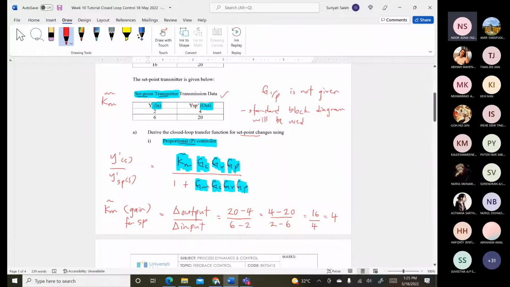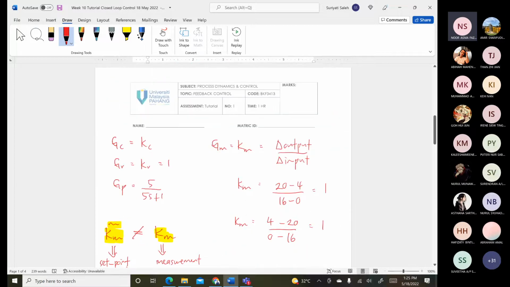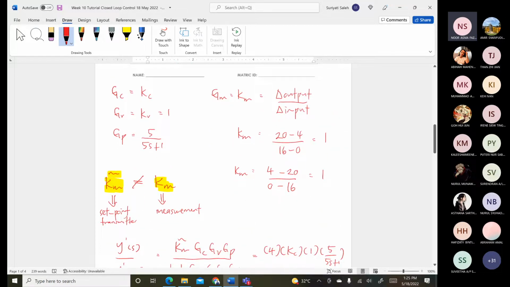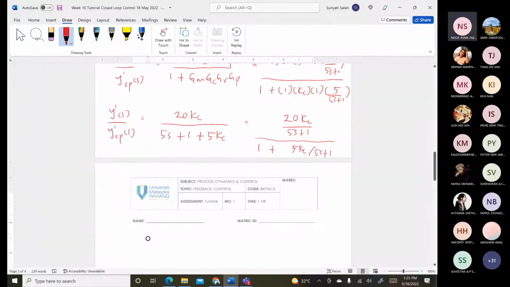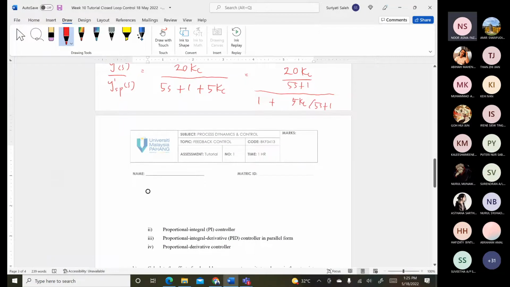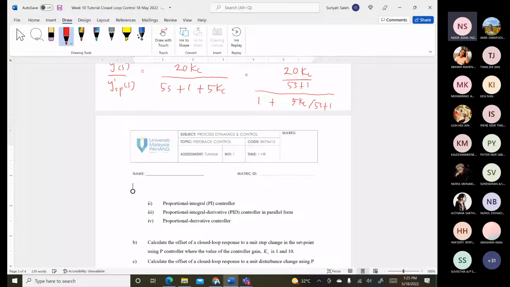It just asks you to derive the closed loop transfer function. So the derive here means you use the standard set point changes equation, you replace the value, then you try to do the expansion or simplification. So now, for the question 2, 3, 4, you will do it later.